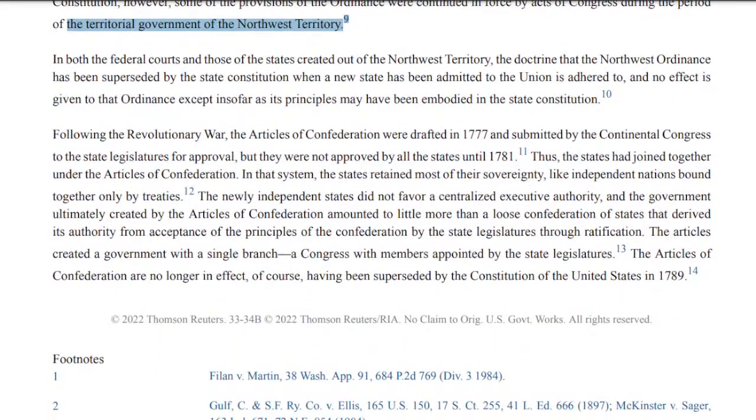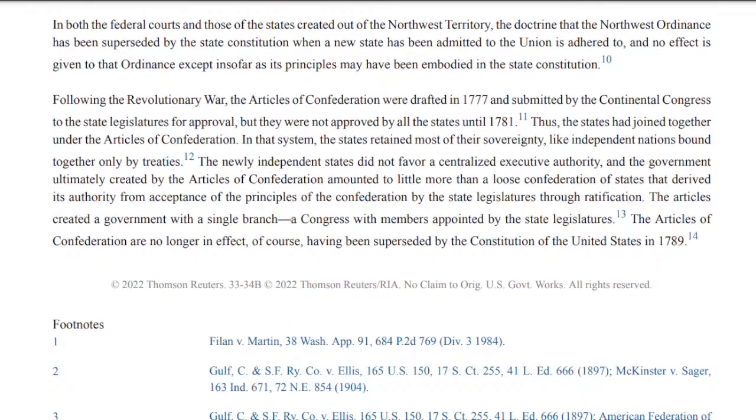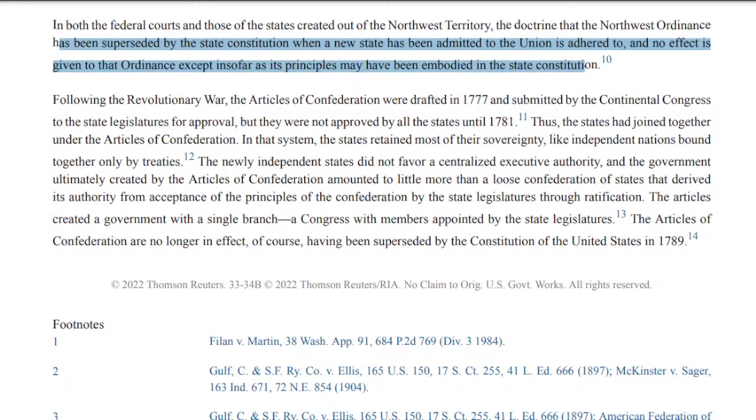So, in both the federal courts and those of the states created out of the Northwest Territory, the doctrine that the Northwest Territory had been superseded by the state constitution when a new state has been admitted to the Union is adhered to, and no effect is given to that ordinance, except insofar as its principles may have been embodied in that state constitution.